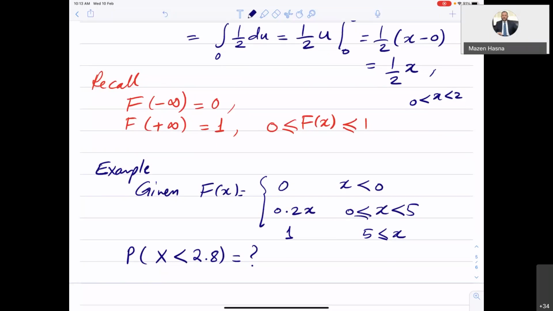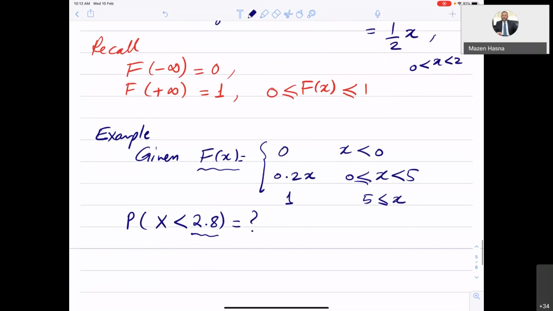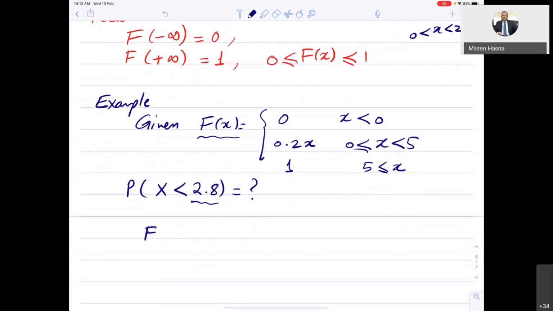One 0.2 times that value. I'm giving you the capital F of x, not the small one. Again, be careful. Don't mix small f and capital F. If I'm giving you small f of x, you integrate from 0 to 2.8. But I'm giving you capital F of x. By definition, what's capital F of x defined as?